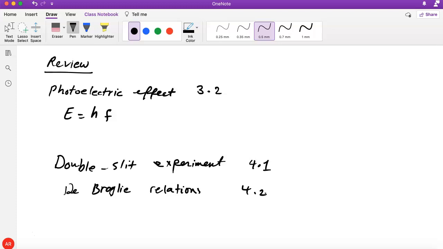And then in general, we started introducing the wave function and talking about the probabilistic interpretation.